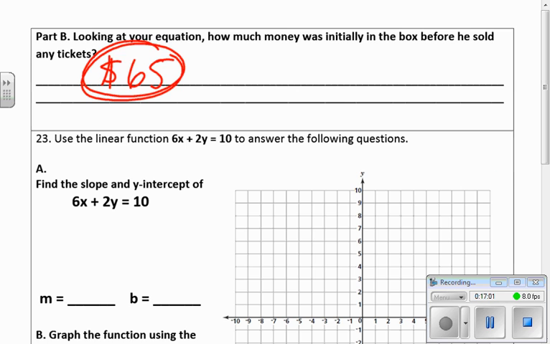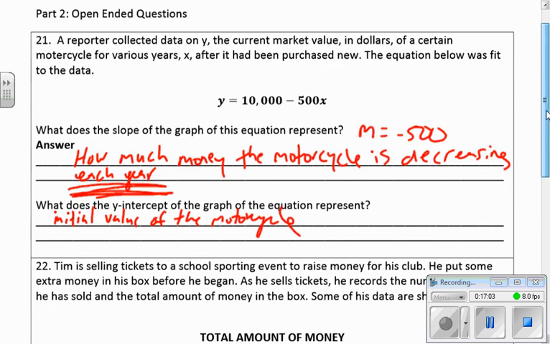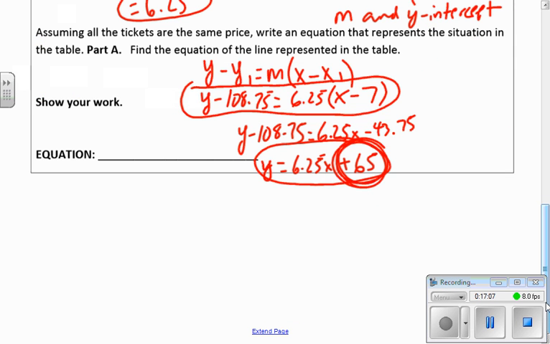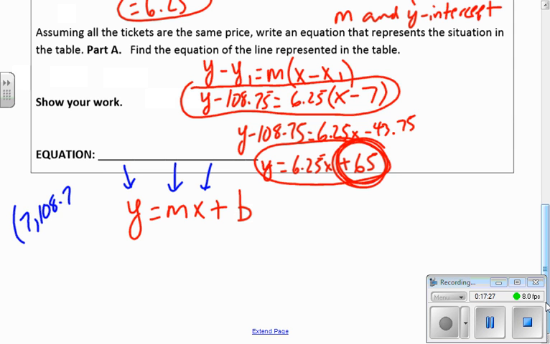There is another way to do this question that I want you to be aware of. So let me extend this page. A lot of you don't remember the point-slope formula, and you remember y equals mx plus b. The problem is we don't know what b is, but we know what the slope is, and we definitely have a y value and an x value. So I can take the point (7, 108.75), that could be my x and my y, and I know that the slope is 6.25.